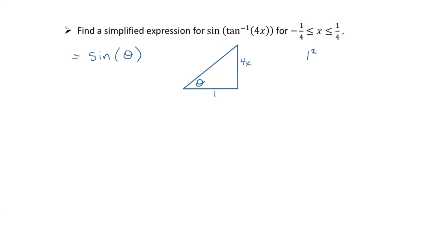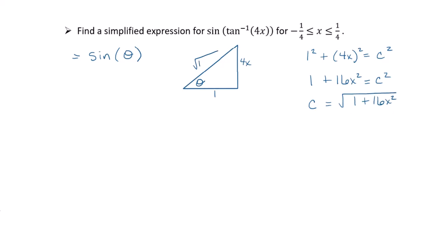Using the Pythagorean theorem, 1 squared plus 4x squared equals c squared. I know that 1 plus 16x squared is c squared, and so c is the square root of 1 plus 16x squared. So we can fill that in on the hypotenuse here. Square root of 1 plus 16x squared. And the sine of theta is opposite over hypotenuse.